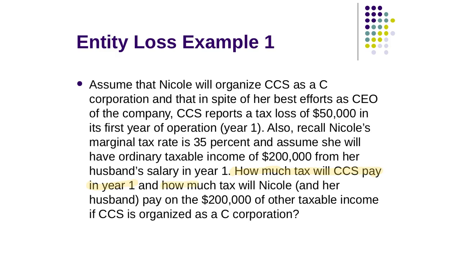And then how much tax will Nicole and her husband pay on the $200,000 of other taxable income? And it's important to note here in this particular example, CCS is organized as a C corporation.